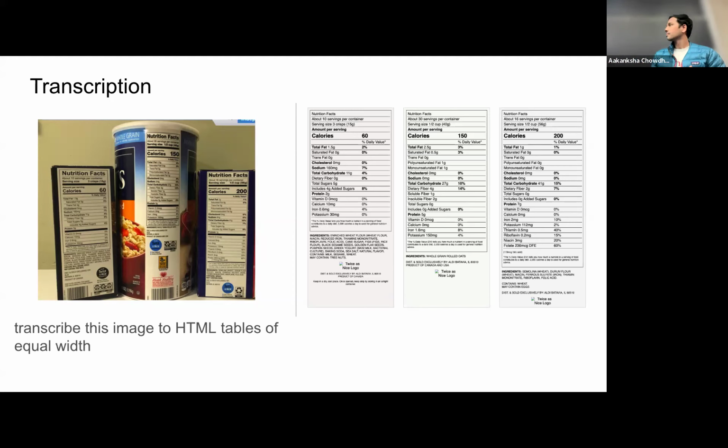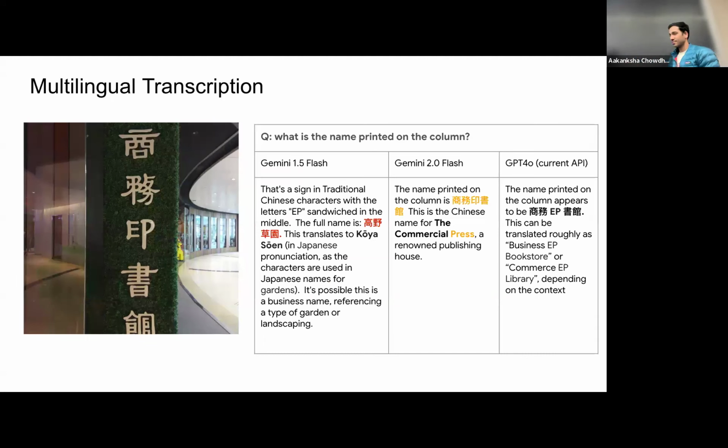It's not in training, image to HTML in this form. So maybe this image is on the web somewhere, leaked in training. You can try things like that yourself. Go to AI Studio.google.com, try a bunch of examples.